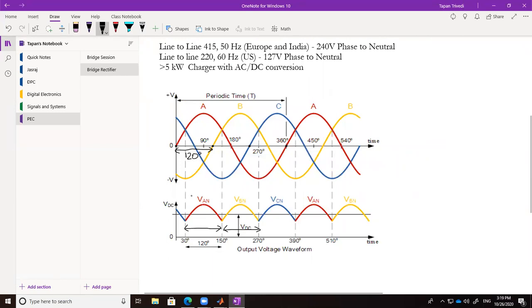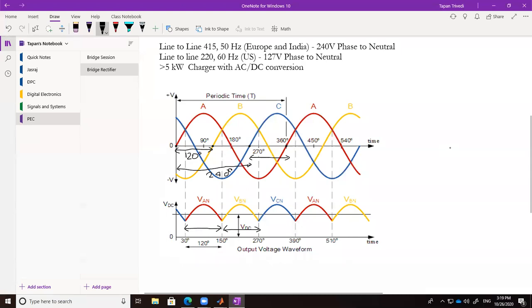Okay. Similarly, C phase is delayed by 240 degrees. And if you see the relationship between C phase and A phase, once again A phase is actually lagging C phase by 120 degrees. Okay.